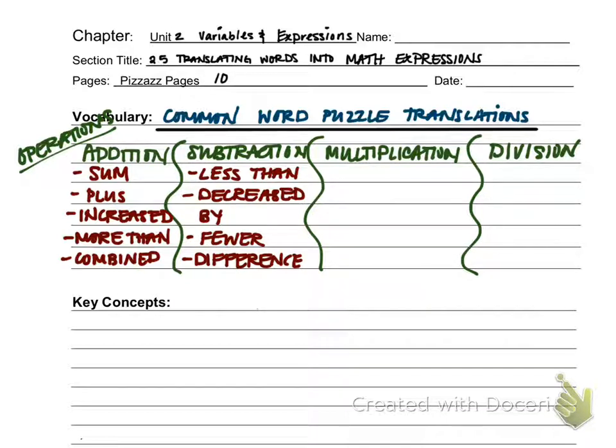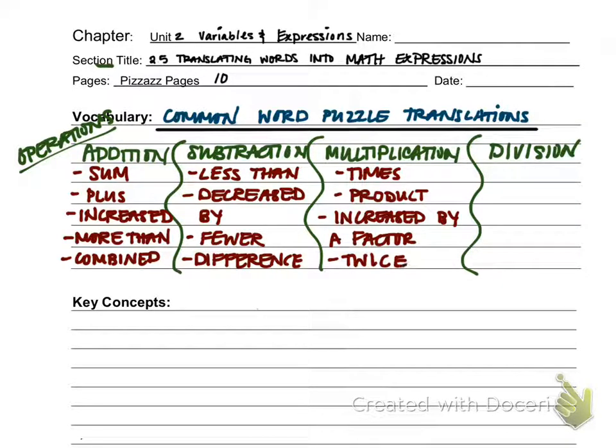Moving ahead on into the multiplication words, we're going to have examples of each way this might look in particular words, but I just wanted to do a quick overview. Multiplication could have words such as times, products, increased by a factor of, twice.